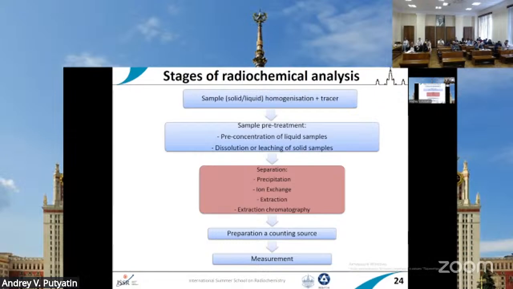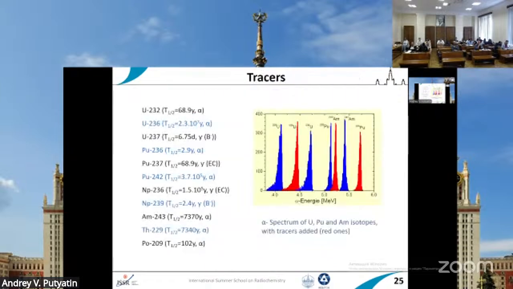If we have a solid sample, then we dissolve or leach it to extract the radionuclides from the sample. Then, before the preparation of the counting source, we can choose between different methods for separation of the individual radionuclides for further measurement with liquid scintillation counting or alpha spectrometry. Again, for gamma analysis, we don't need it.